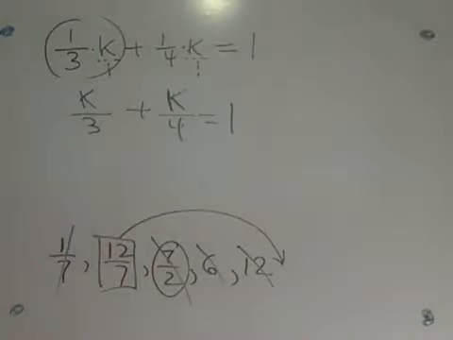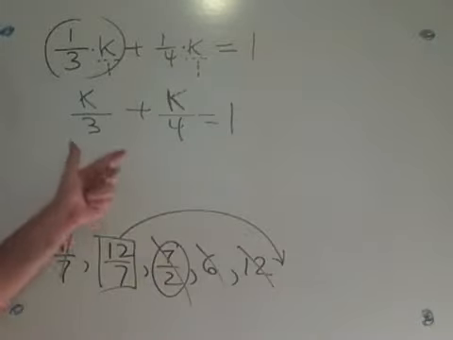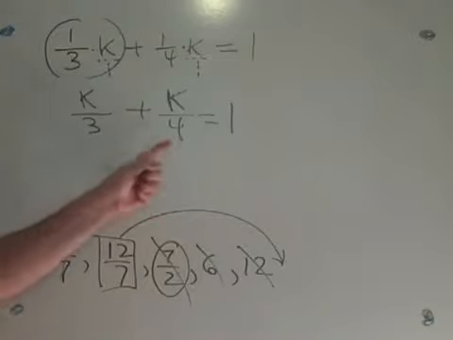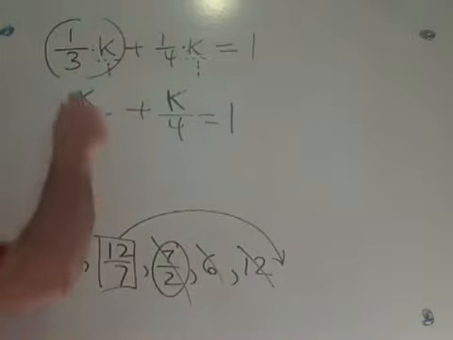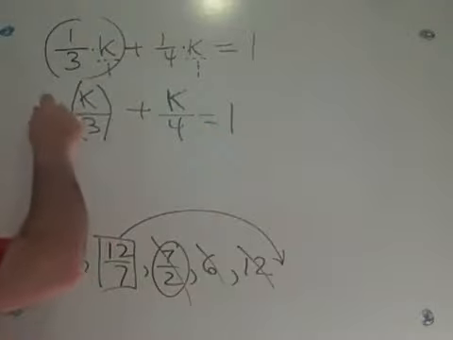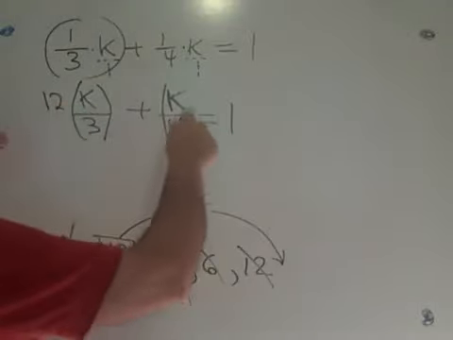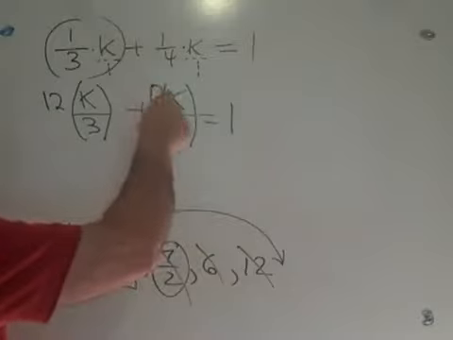Okay. The first common multiple between 3 and 4 is 12. 3, 6, 9, 12. 4, 8, 12. So I can multiply by 12, which is not 1.